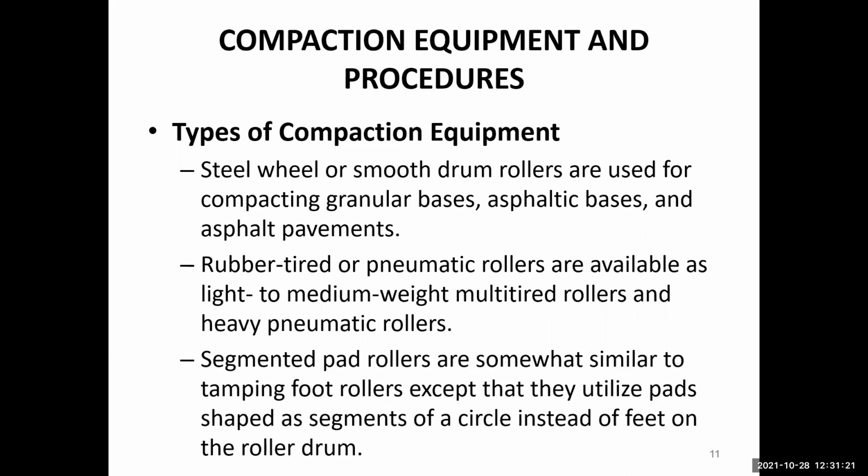And segmented pad rollers are somewhat similar to the tamping foot rollers, except that they utilize pads shaped as segments of a circle instead of feet on the roller drum. So they are similar to the protruding feet rollers, but instead of protruding feet, they have semicircular protrusions, which are relatively better for disturbing the surface of the soil less compared with the protruding feet rollers.